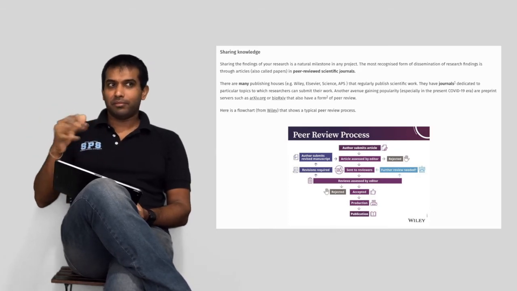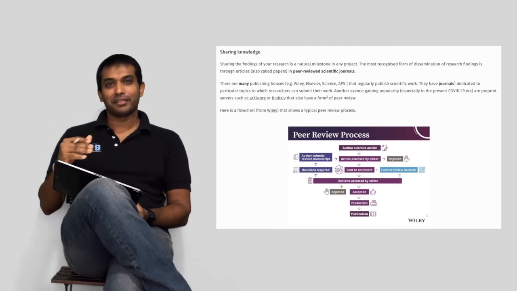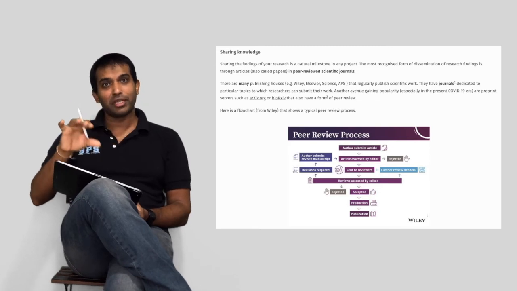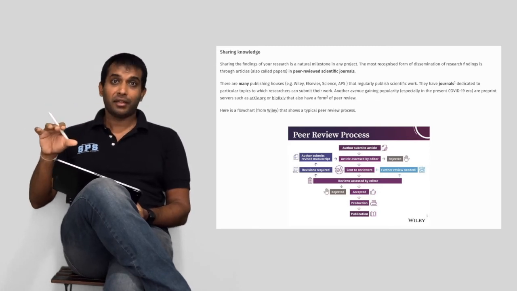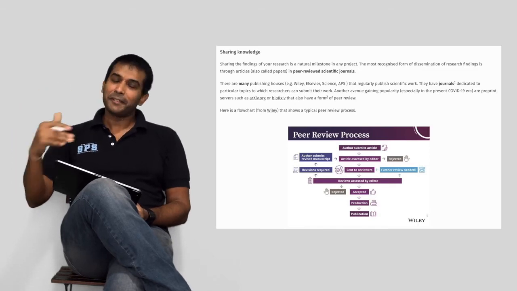Now, there are many instances where people try to game the system, right? Because there's so much riding on publishing articles, people try to cheat and publish as much as possible, right?